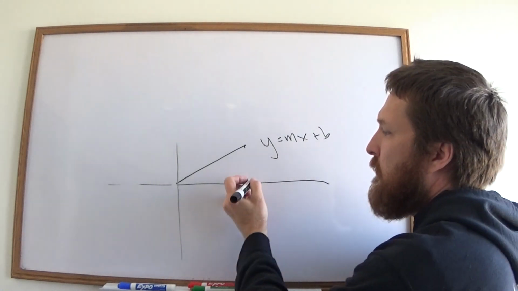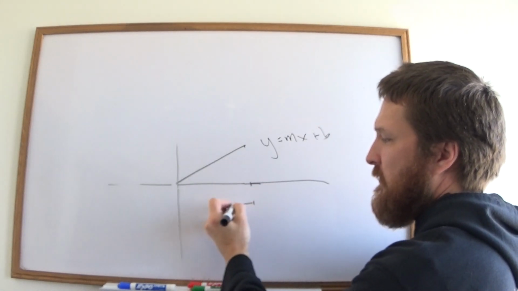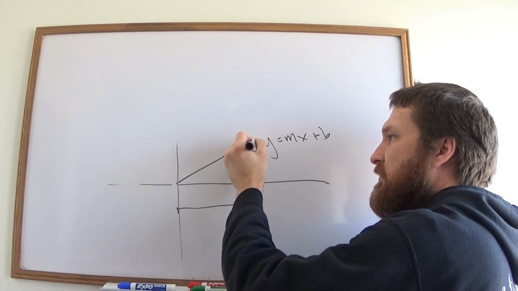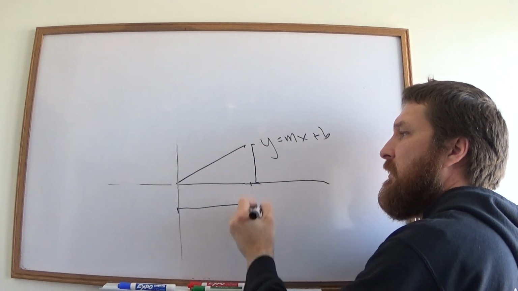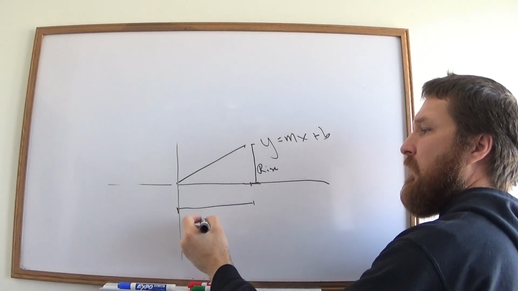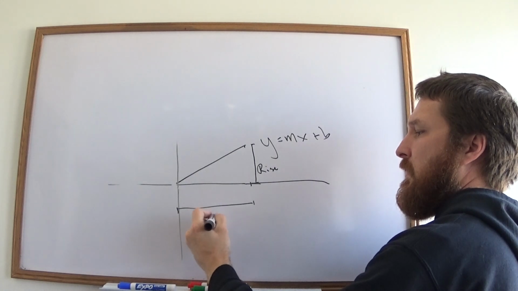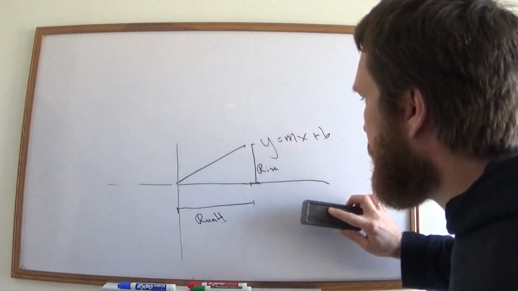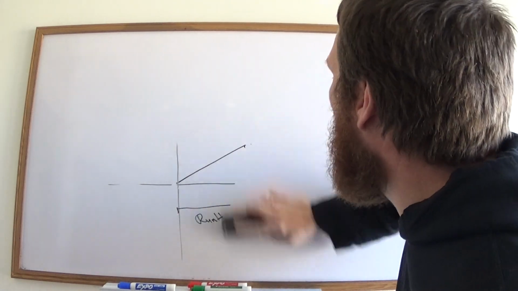You would need to know what this value is from here to here, and what this value is from here to here, right? You would need the rise over the run. It goes through zero, so you don't need b. Okay. Just making sure that we all are on the same page, because that would make your life much easier.